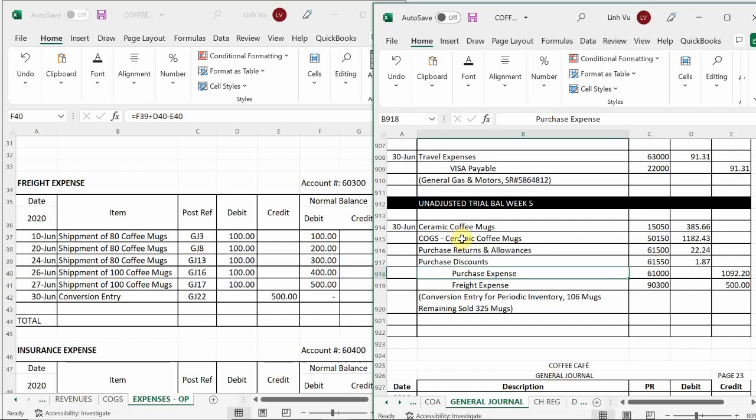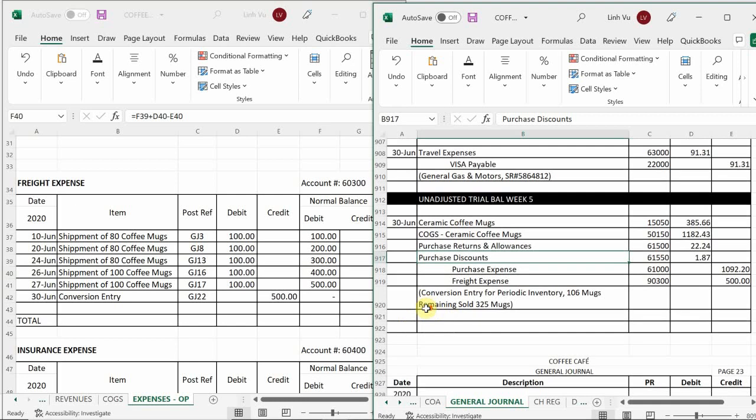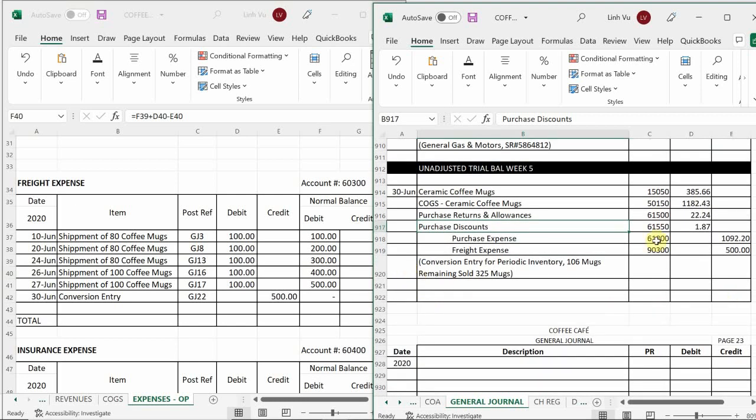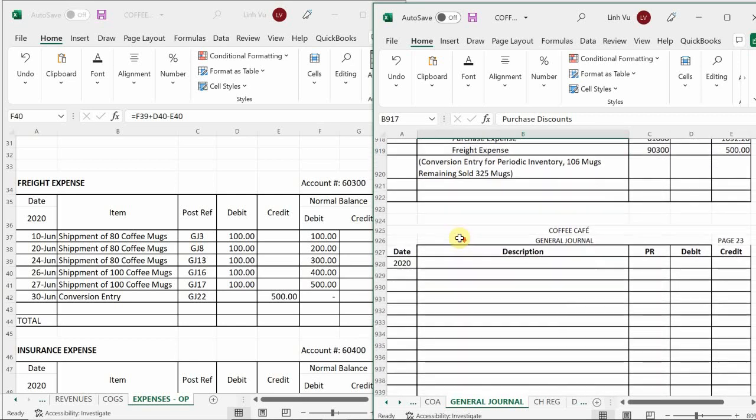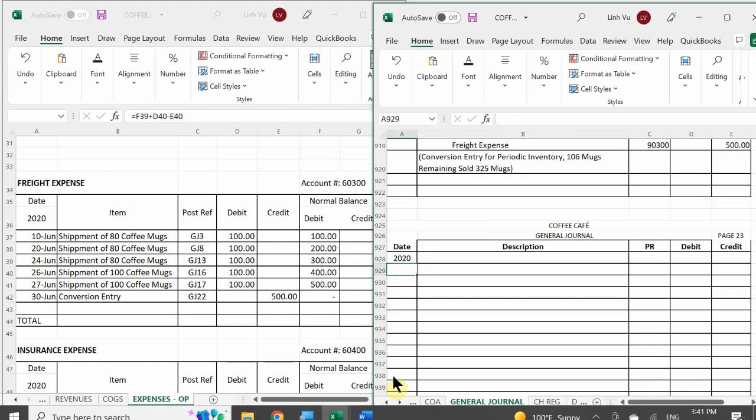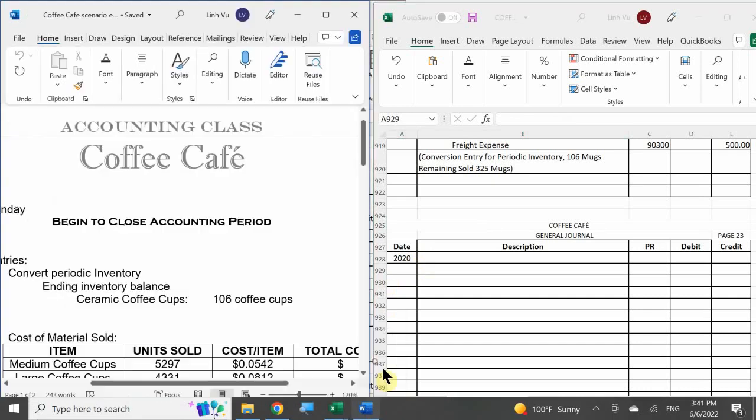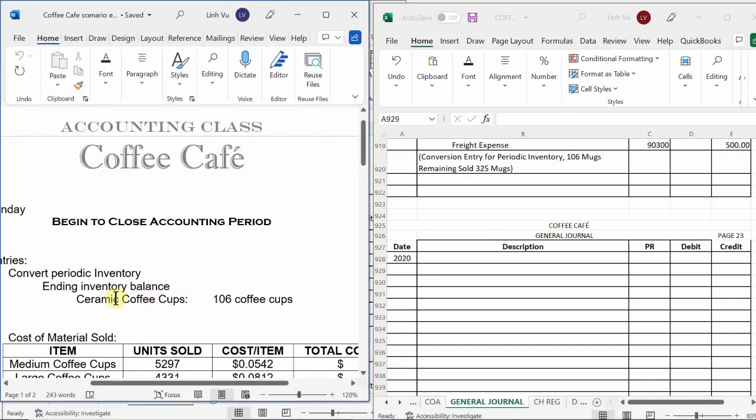This is an internal transaction. We're going from our inventory and basically moving from one account to another. So that is it, no need for the subsidiary ledger for this, and we are done with our conversion entry here. There's not enough space to put a transaction there, so there's no need for a line. Now that we're done with that transaction, we can move on to the next scenario.